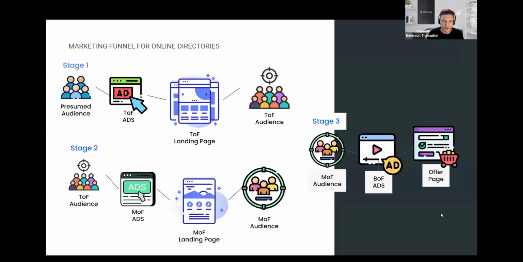Then we go to stage 2, where they will be receiving targeted ads for the middle of the funnel. And again, the process is the same. They will go to a landing page and get another tracking code and will be part of a more specific audience. So we go to stage 3 and again receive targeted ads, finishing with the offer page.